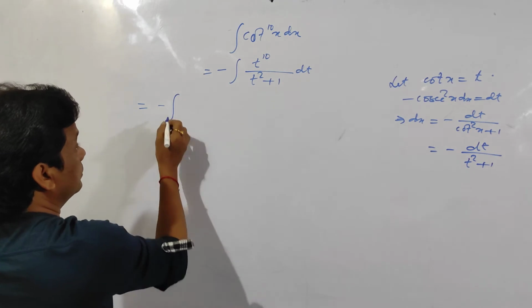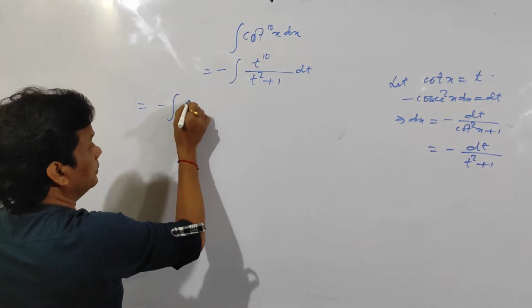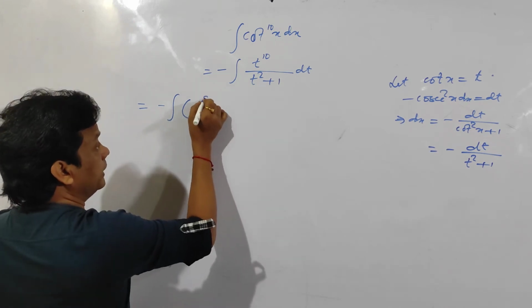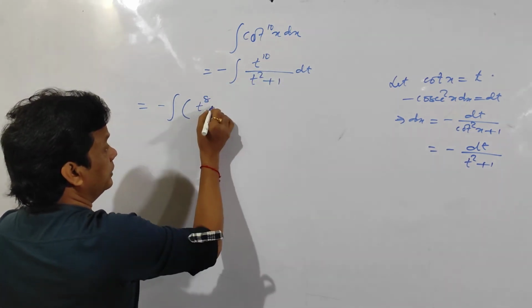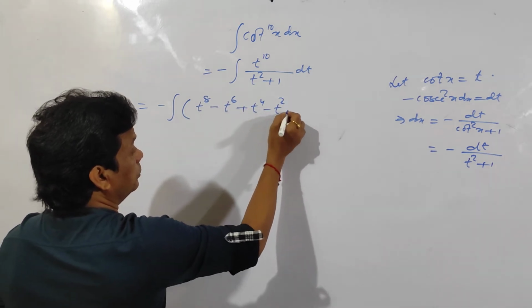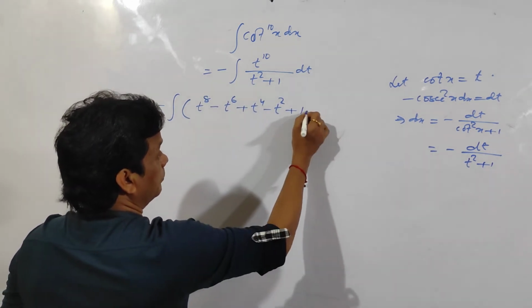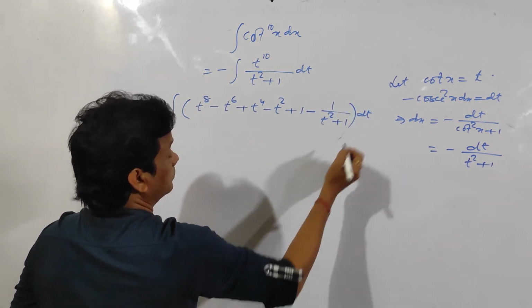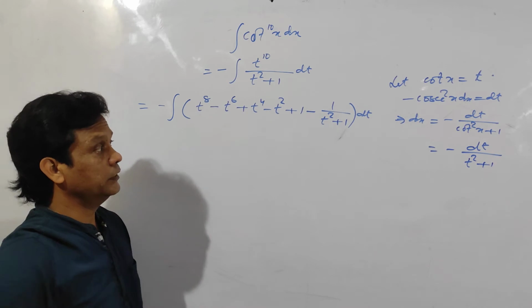So minus, and what will be the result obtained by the division process? t to the power 8, because 10 minus 2 is 8, then t to the power 6, then t to the power 4, then t to the power 2, then 1, then minus 1 by t squared plus 1 into dt. Clear?